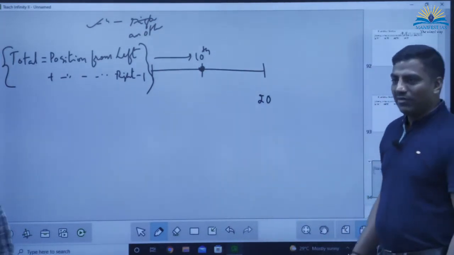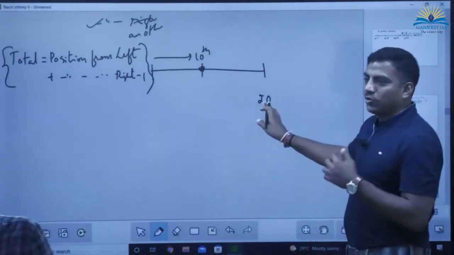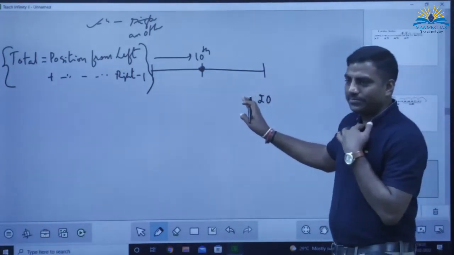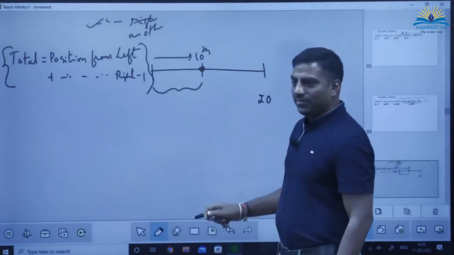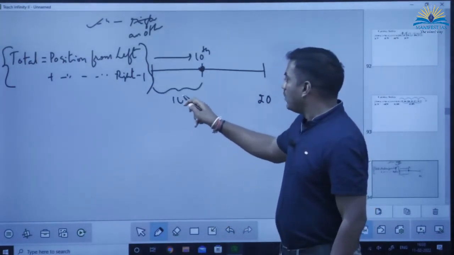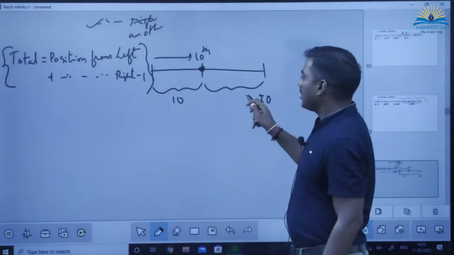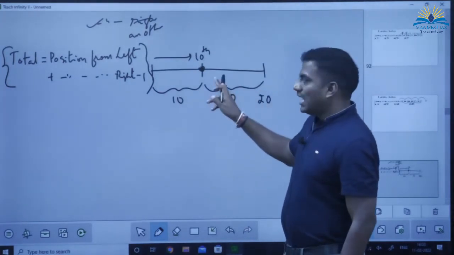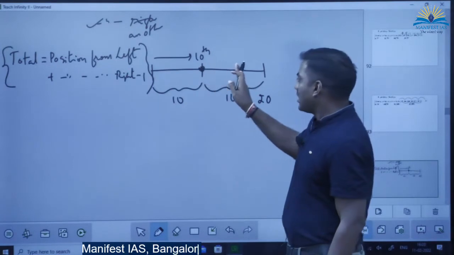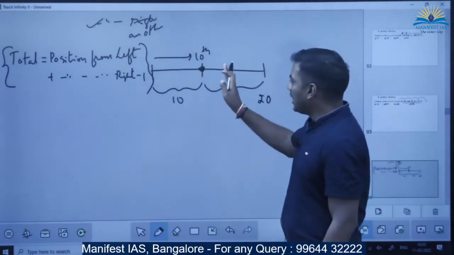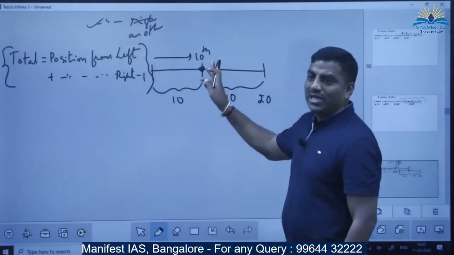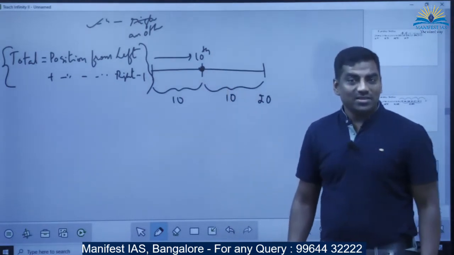One more way of dealing with this. How many people are there totally? 20. Up to this person, how many persons are counted? 10. How many persons are remaining? After this person, there are 10 persons to the right. So if you count from here, you will count 10, then this person will be 11th.